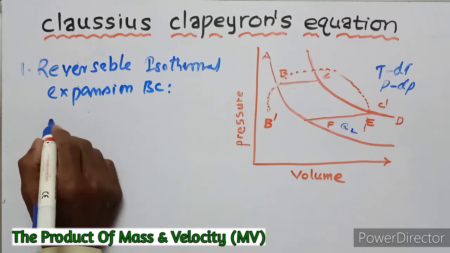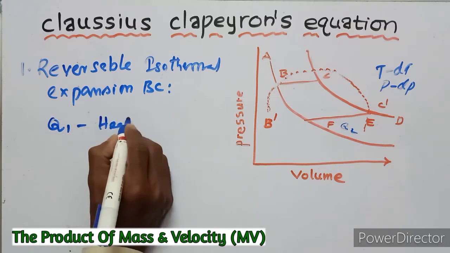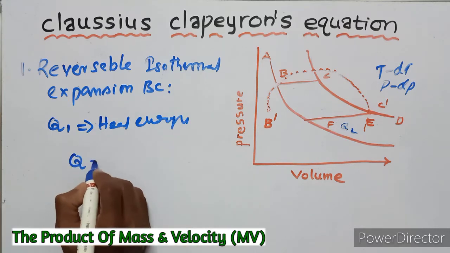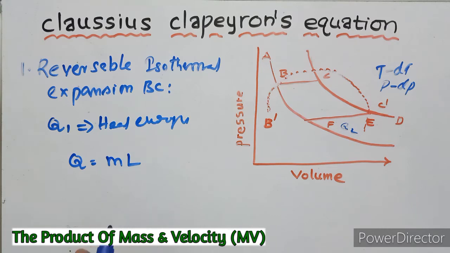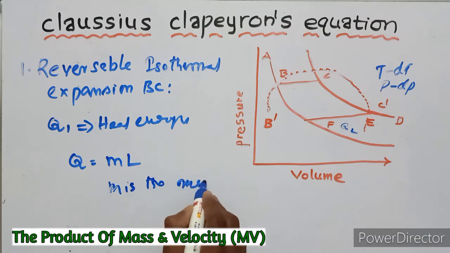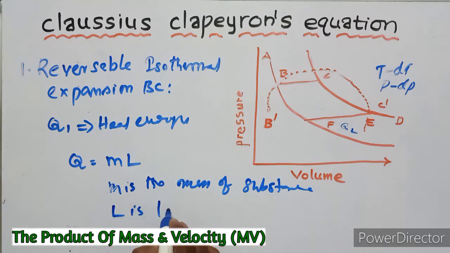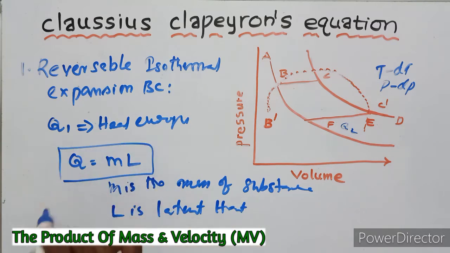Here the heat energy is Q1. Here Q1 equals mL, where m is the mass of the substance and L is the latent heat.